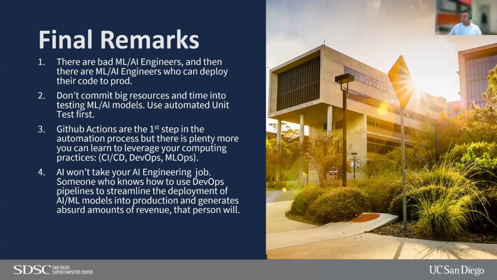The first line of testing, you should do that because it saves you time and resources, big time. GitHub Actions are the first step in the automation process, of course, but it's not the only one. There is plenty more that you can learn to leverage your computing capabilities. So there is a ton to learn about that.